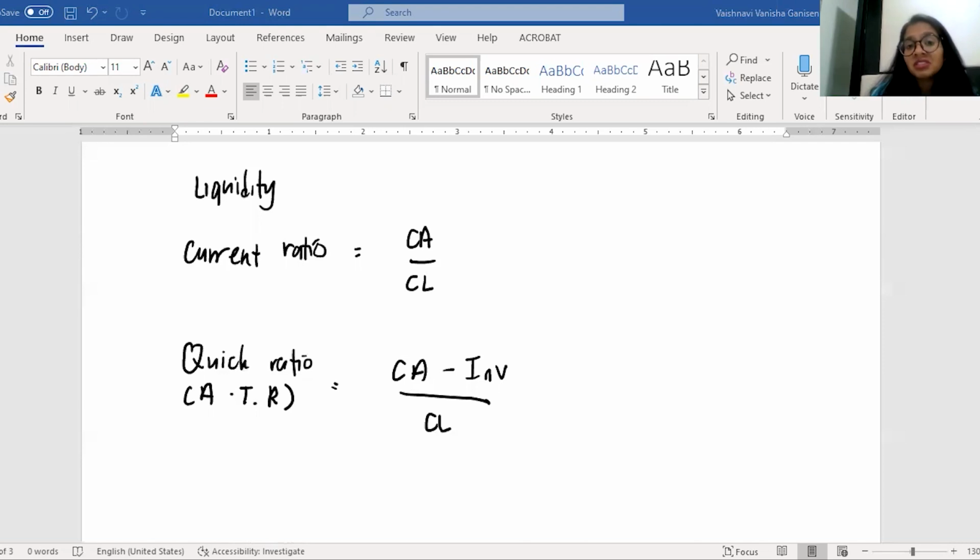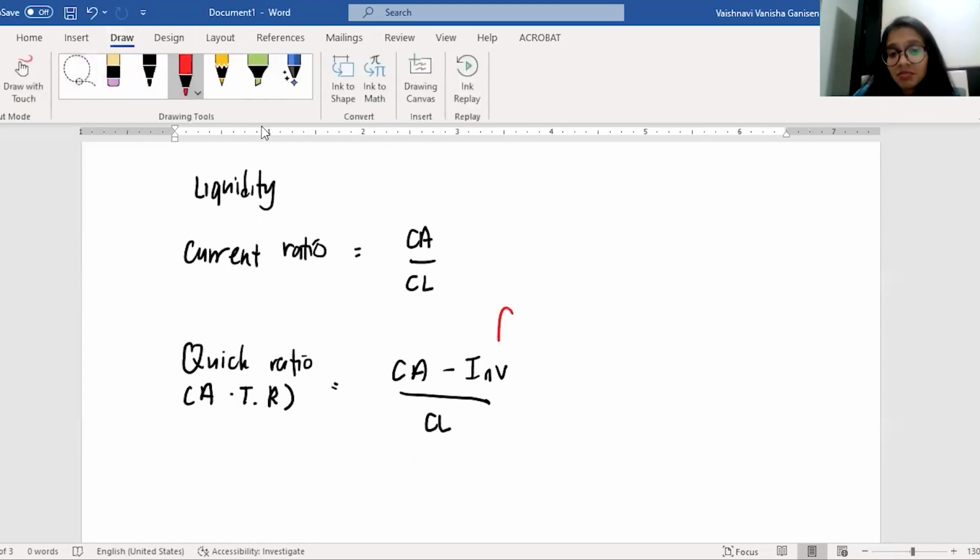The reason is because sometimes inventory can be one of those elements of your current asset that is not actually very liquid. So you want to see the more liquid assets, how will it affect the liquidity of the organization. So you must be careful of that. Quick ratio minus inventory, because inventory can sometimes be considered as less liquid.